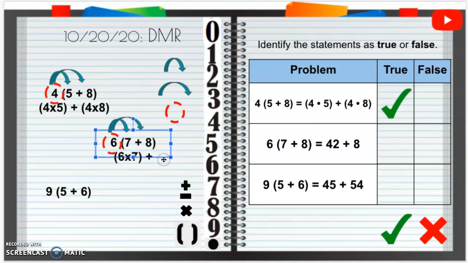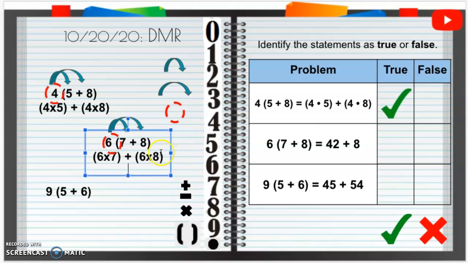Alrighty. 6 times 8. Now, I have to make it a little bit bigger. There we go. Now, what is 6 times 7? It does not want to cooperate. Here we go.